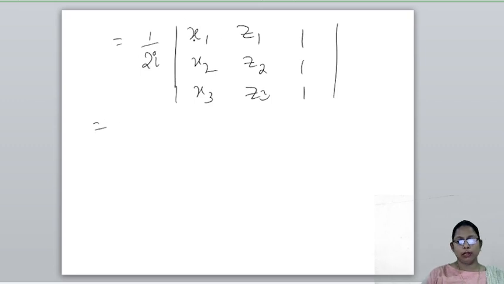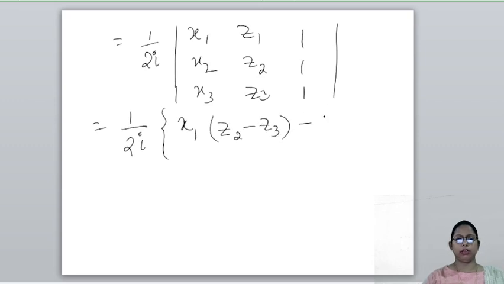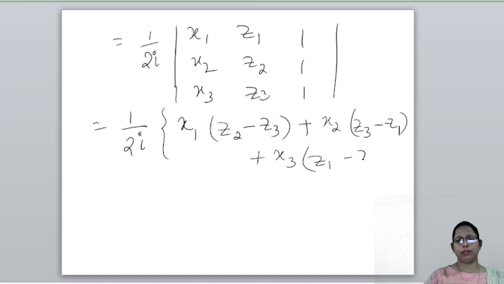Next step, expanding along the first column, we will get 1 by 2i, x1 multiplied with this determinant, that is z2 minus z3, minus x2 multiplied with z3 minus z1, plus x3 multiplied with z1 minus z2.